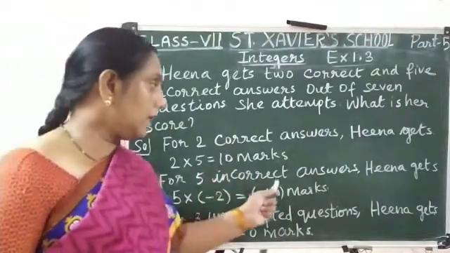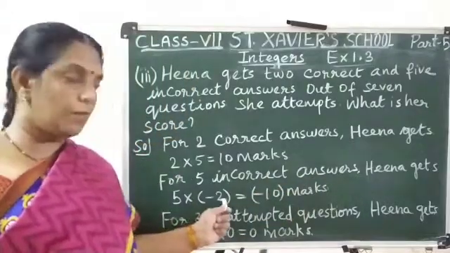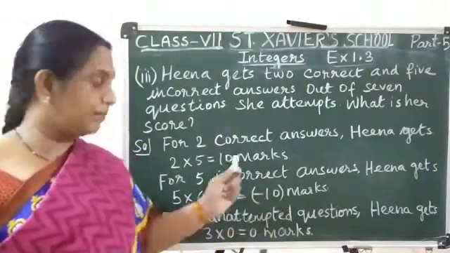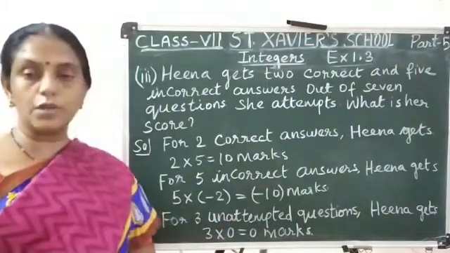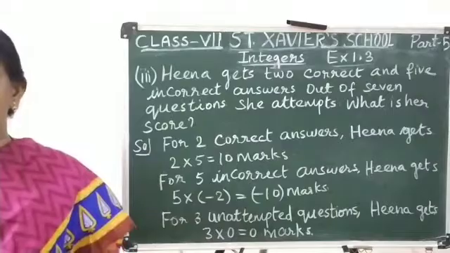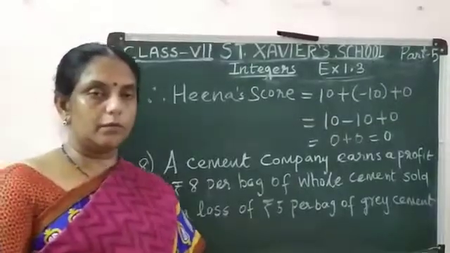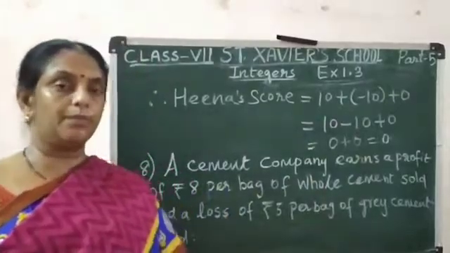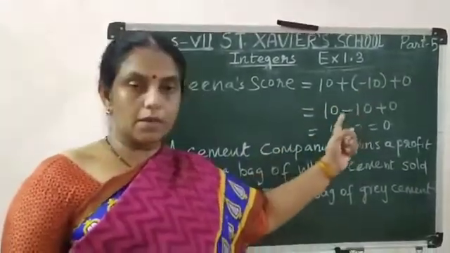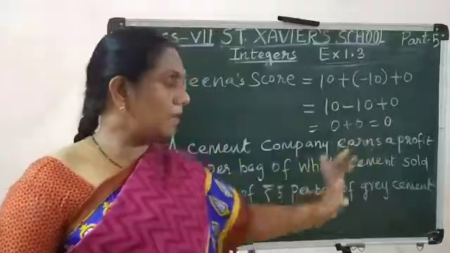So for 5 incorrect answers, Hina gets 5 into minus 2 equal to minus 10 marks. So for 3 unattempted questions, Hina gets 3 into 0 equal to 0 marks. Therefore, Hina's score is 10 plus of minus 10 plus 0. 10 plus into minus is minus, 10 minus 10 is 0, 0 plus 0 equal to 0.